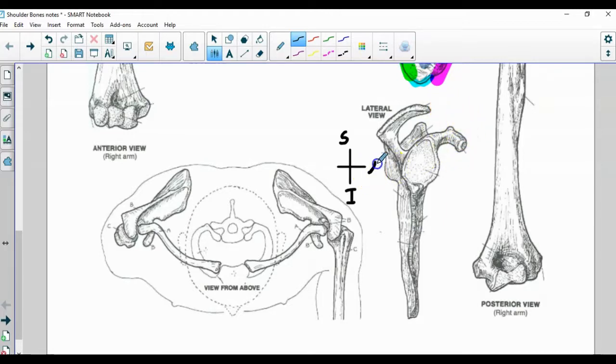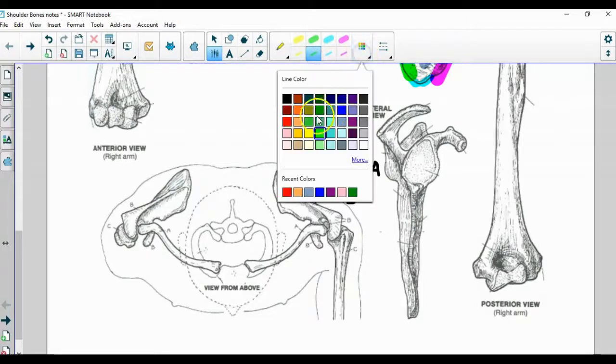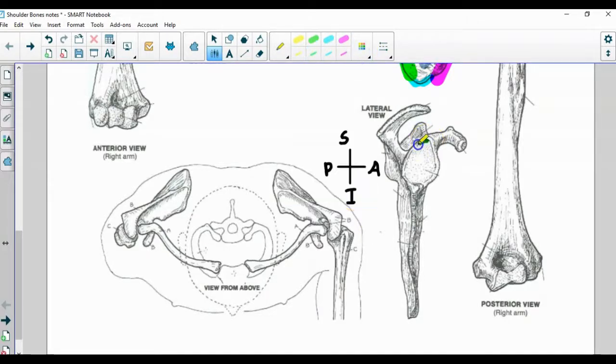So that makes that direction anterior and posterior. Okay, so this is the front side, this is the back side. All right. And now, finally, the glenoid fossa is the socket for the shoulder joint.